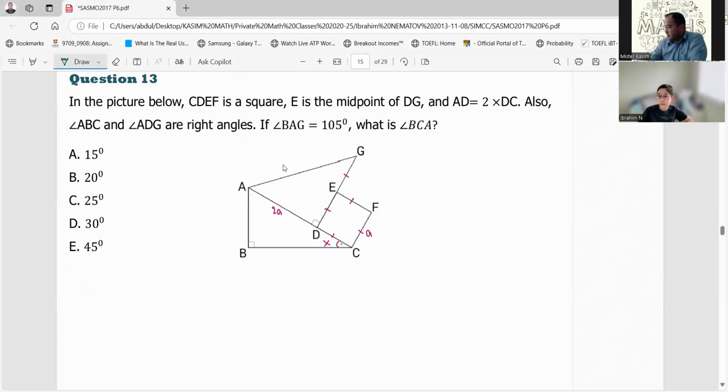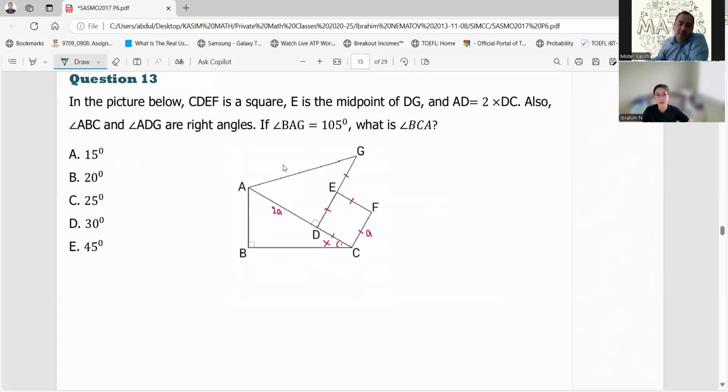I'm just checking my answer. If it is wrong, we'll look at question 13, right? Question 13 must be D. It is 30. Your answer is correct. 13, right? It is D.